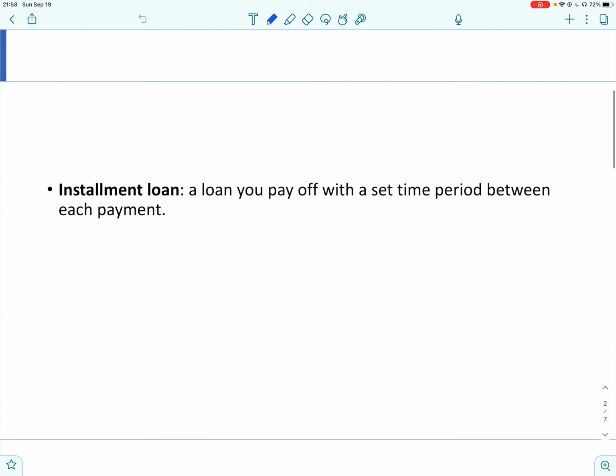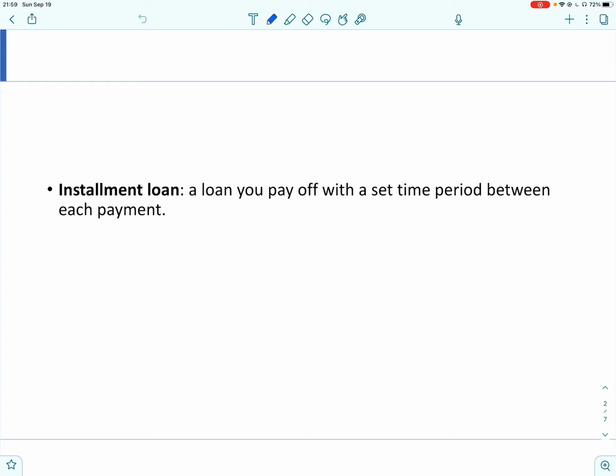So, an installment loan is a loan that you pay off with a set time period between each payment. Typically, installment loans are monthly payments, so you're making a payment towards the loan every single month. Car loans are monthly payment loans, installment loans. Home mortgages are installment loans with a monthly payment.